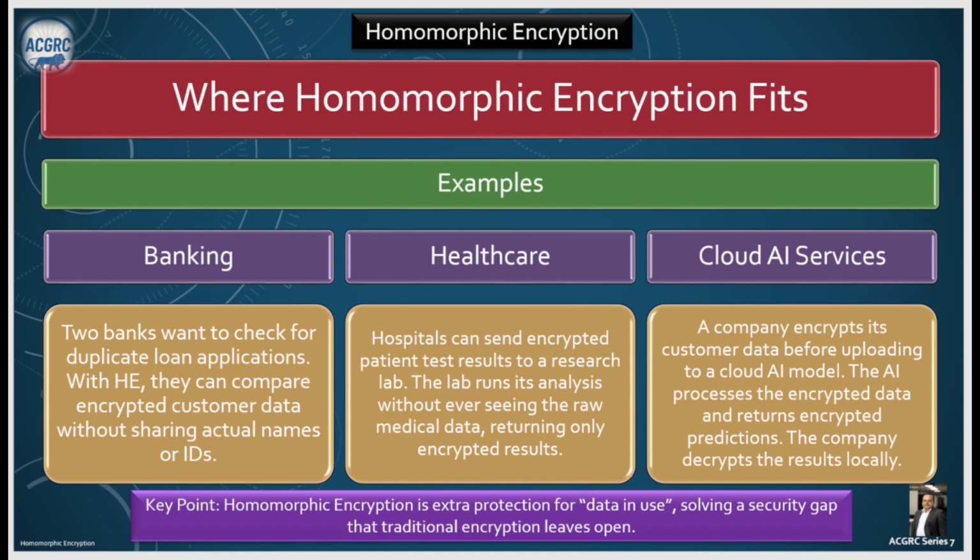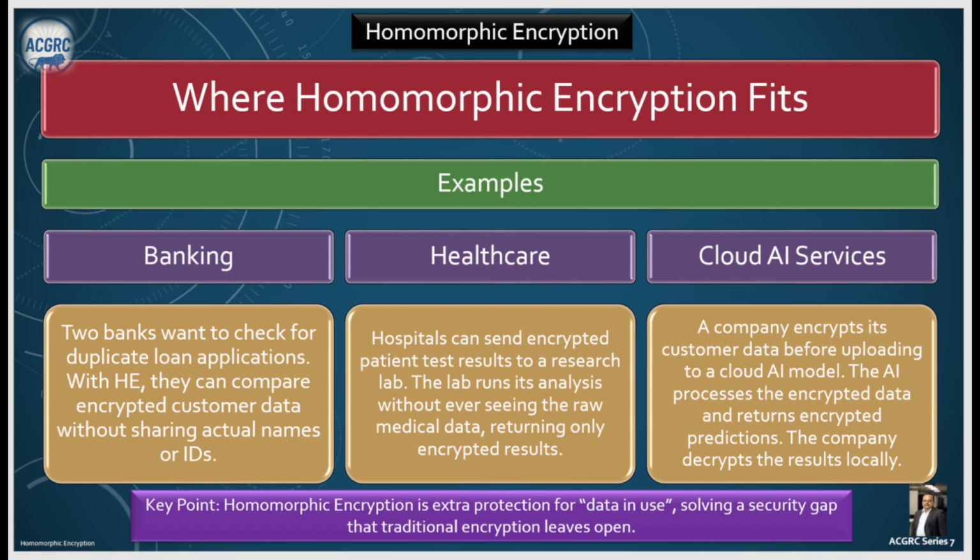So when the data left the company, it was encrypted. The rest of all of the activities done by the provider were done on that encrypted material without ever decrypting it. And the results were also encrypted, sent back to the original company, and the company who owns that data would now decrypt it to know the results.